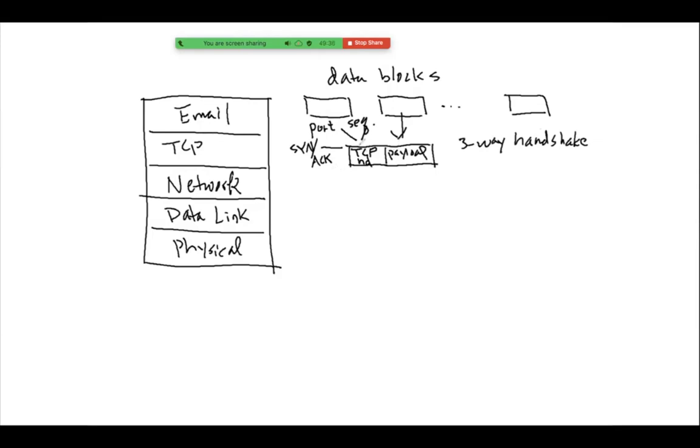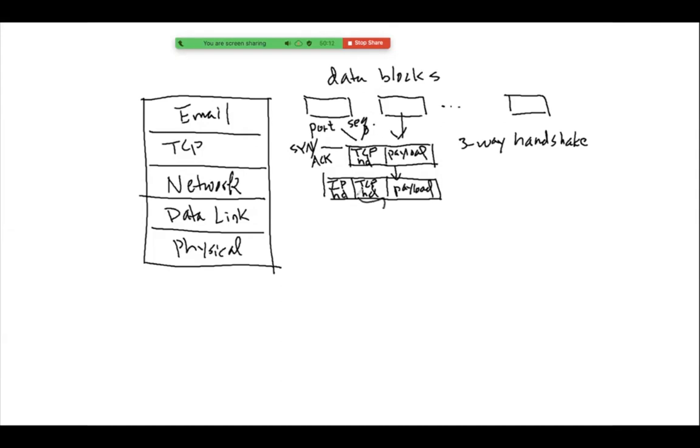Okay, so then we need to forward this packet to the destination. That means I'm going to pass it down to the network layer. So this part is the same: this is the TCP header, and this is the data block. And now we are adding an IP header.